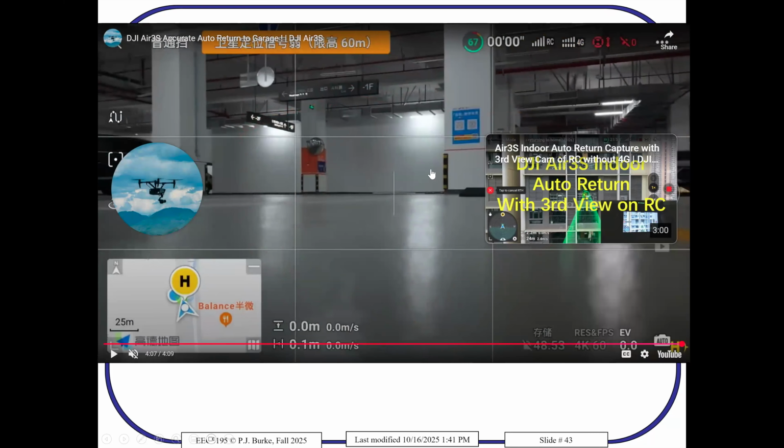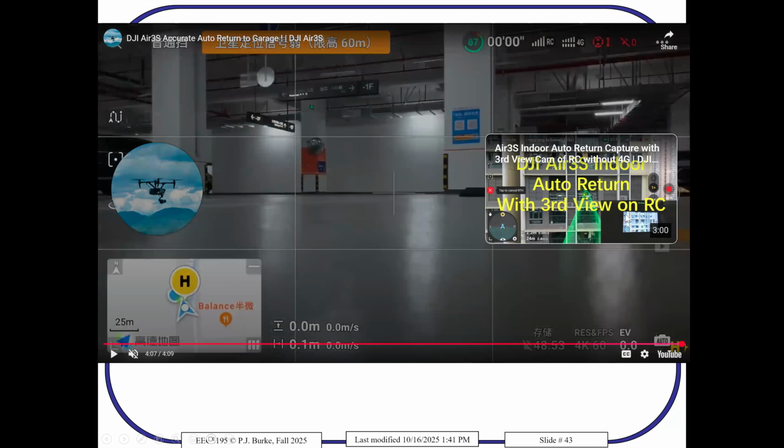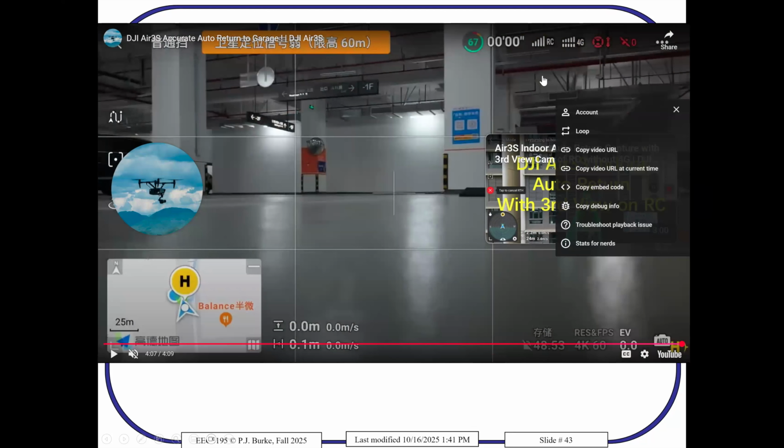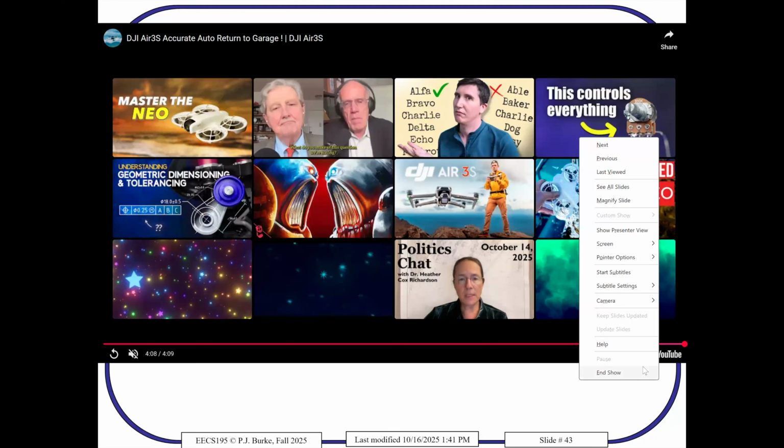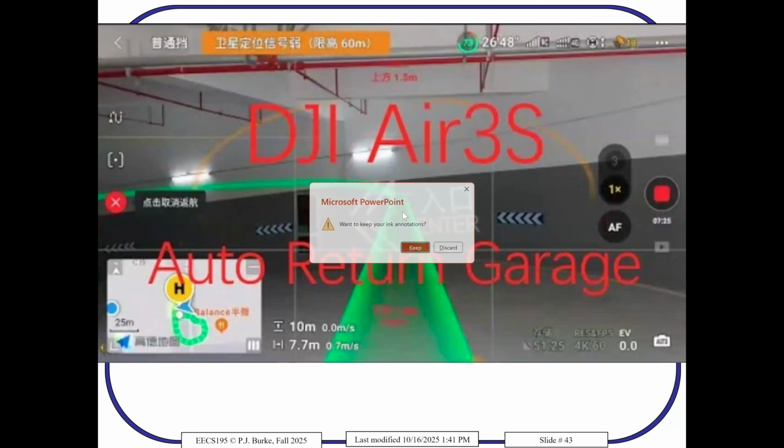So there we go. Those are the current state of the art of navigation, GPS and GPS denied. Have fun flying your drone in the drone cage with all the different technologies available to you.